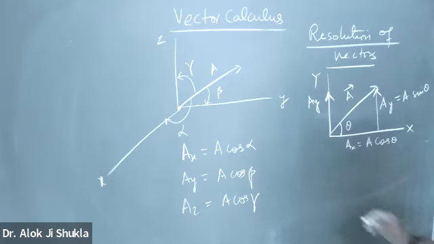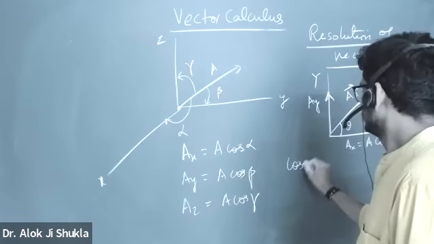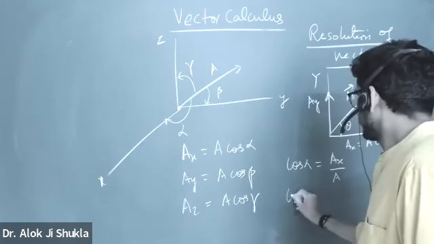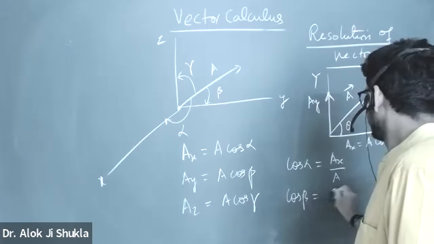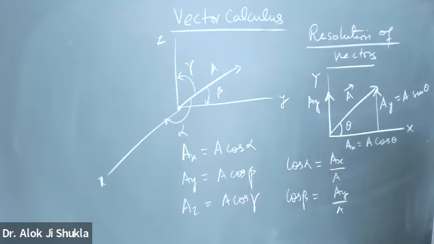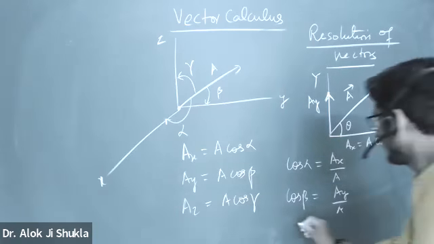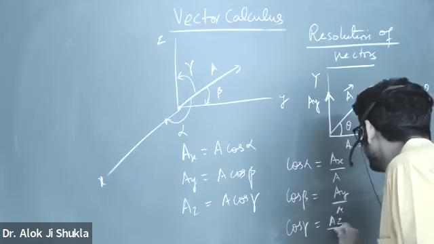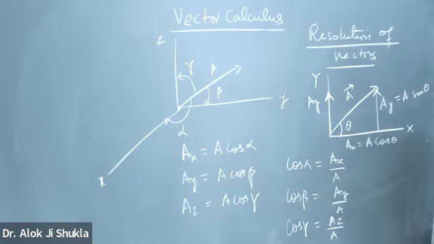So cos alpha is AX by A, cos beta is AY by A, and cos gamma is AZ by A. These are called direction cosines. What are they called?